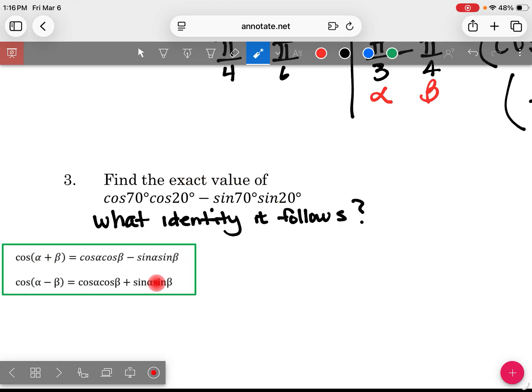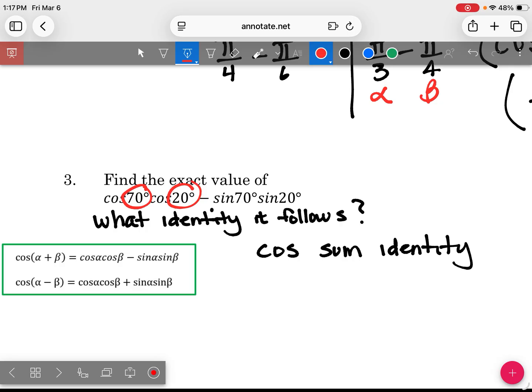And we know it's one of these. So which one says cosine, cosine minus sine, sine? Is it the addition or the subtraction identity? Addition. So we're using cosine sum. So this is the cosine sum identity, which means that this is alpha and this is beta.